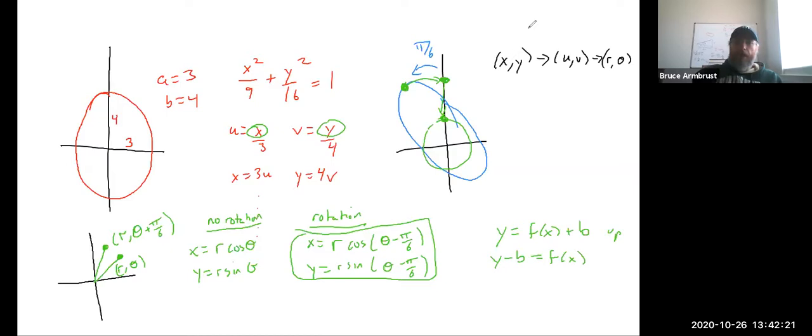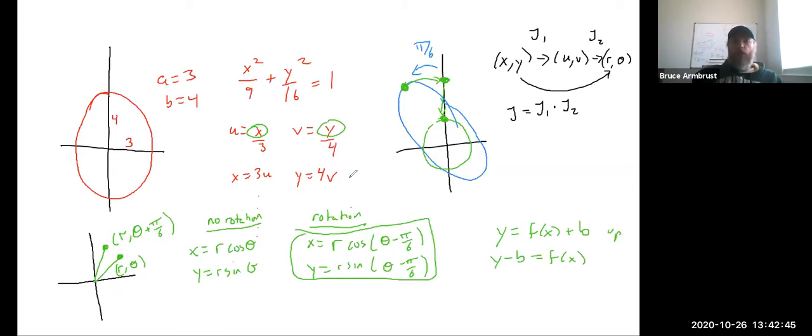Each of these is going to give us a Jacobian. I'll call it Jacobian 1 takes us from XY to UV. Jacobian 2 takes us from UV to R theta. If you want to do the entire jump, the Jacobian is just the product of the individual Jacobians.